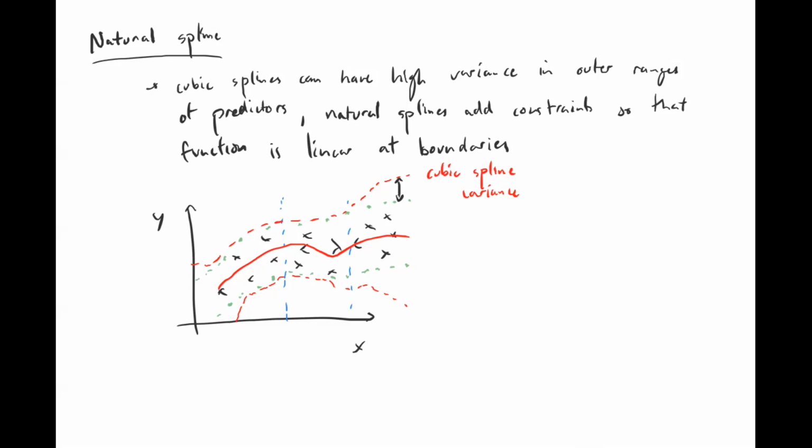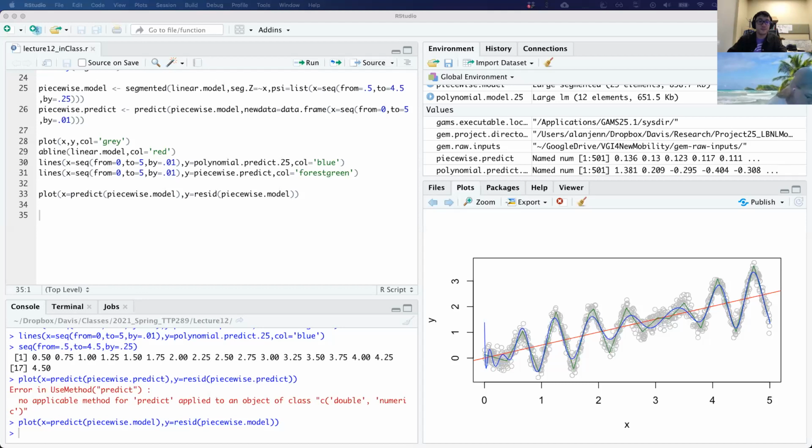Okay, so let's jump on over to R. And we're going to use another library called splines. Again, this is not a base library, so it might be something that you'll have to install separately.